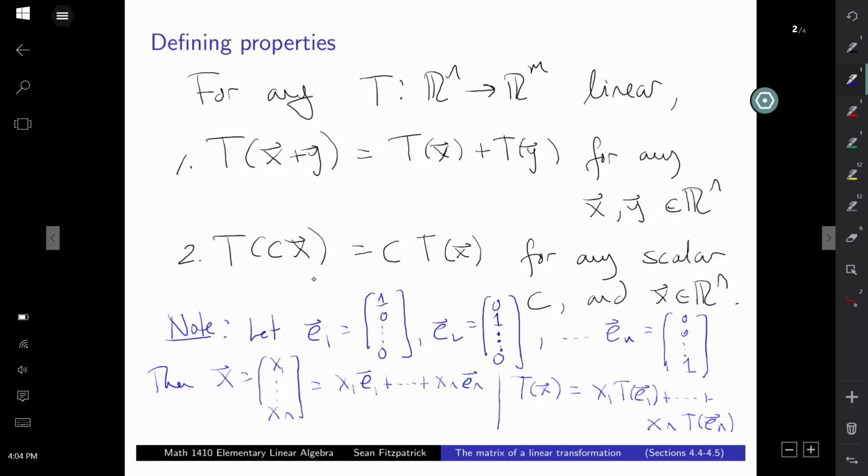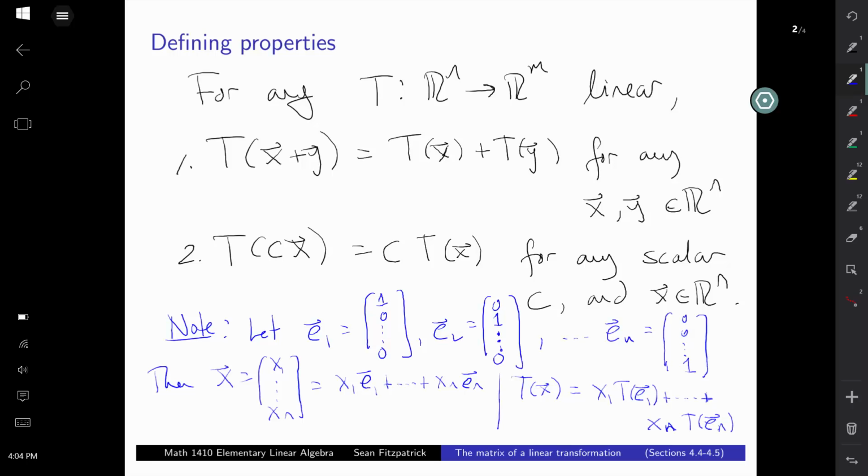If I use these properties repeatedly, I can get down to this situation here, right? So it's always true that if I know the values of my transformation on these basic vectors, then I can get the value of that transformation on any other vector.